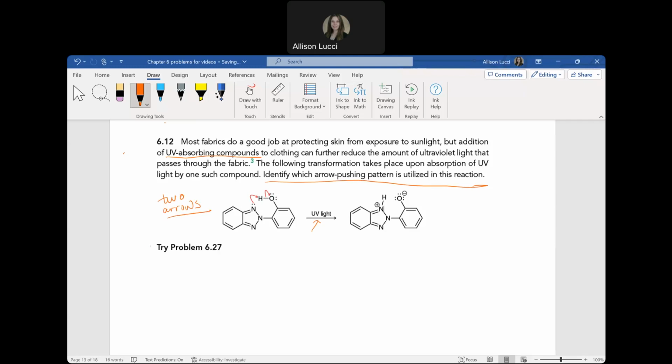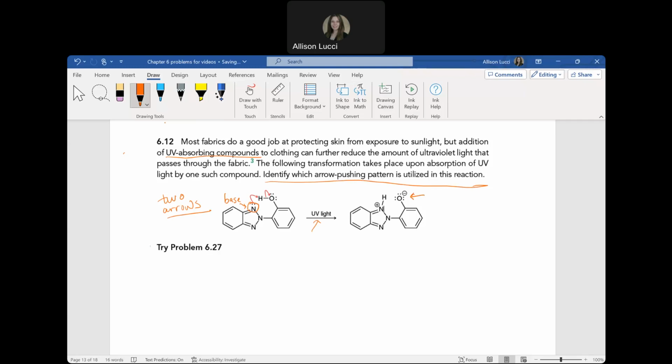And we see that the nitrogen atom here functions as the base, right? The lone pair on the nitrogen removes a proton from the oxygen atom. So we see on the product side that the oxygen atom has been deprotonated and now has a negative charge.